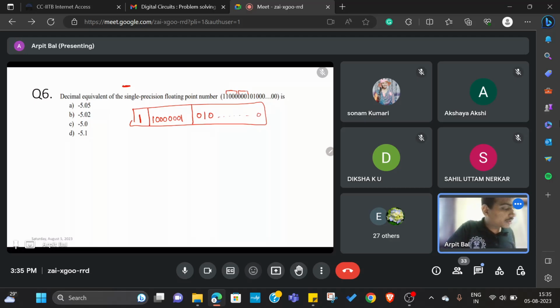What does this value translate into? This bit will represent 128, so we have 128 plus this bit, that is 1. So the biased exponent is 129. Let me write it down.